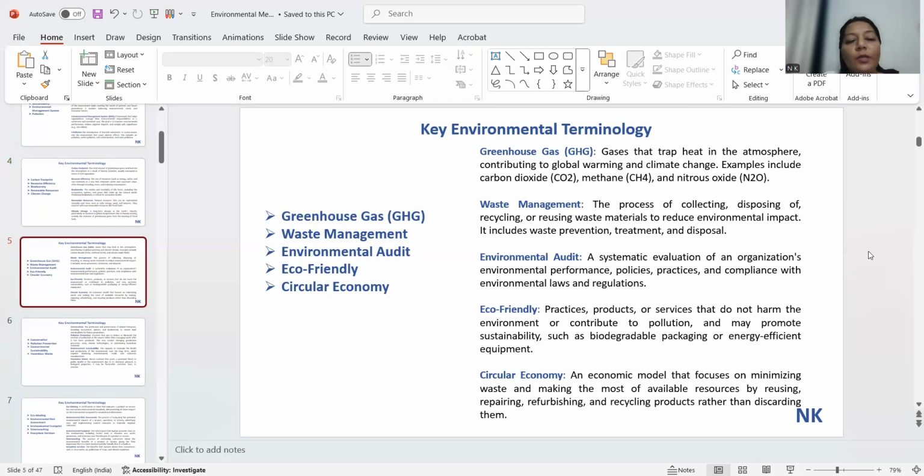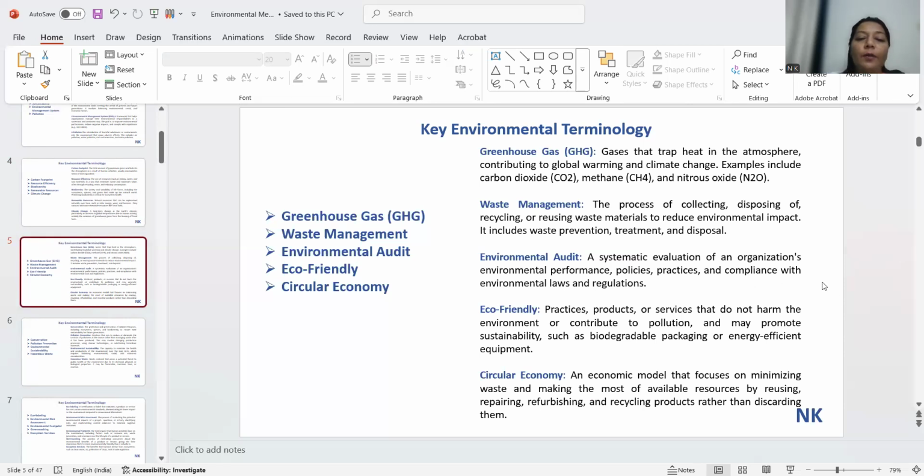GHG, greenhouse gases, trap heat in the atmosphere and contribute to global warming or climate change. Examples include carbon dioxide CO2, methane CH4, and nitrous oxide N2O.